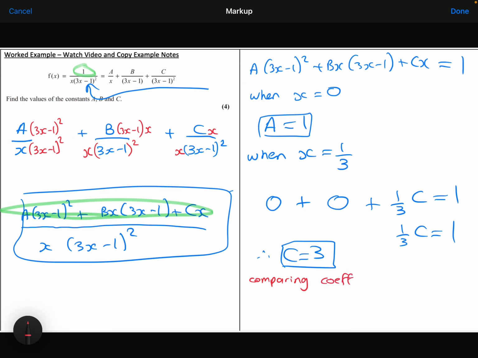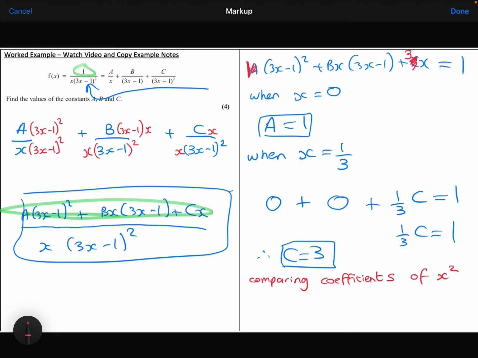What that basically means is I'm going to expand the brackets, but I'm not going to expand all of them. I'm only going to expand some of them, and I'm just going to look at the x squared parts of them. Because I know that a is 1 now, and I know that c is 3 now.